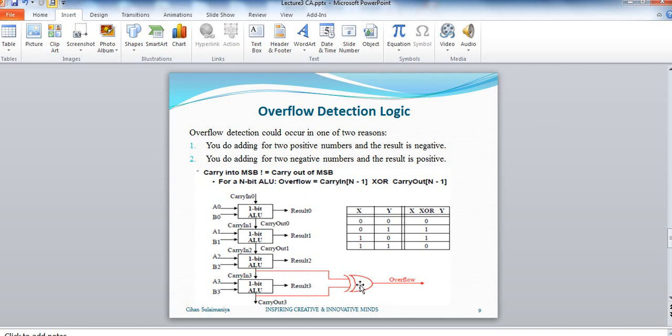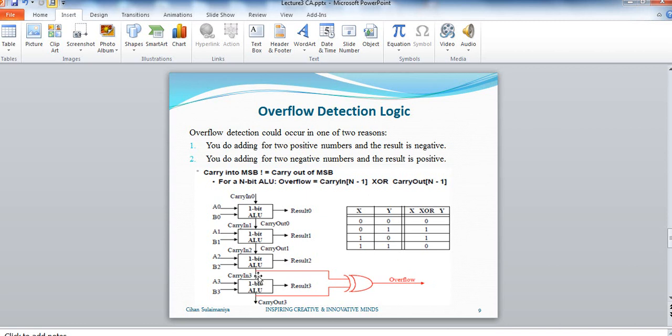So if the XOR result is 1, that means the overflow flag is on. If the overflow flag is 0, that means you don't have overflow.